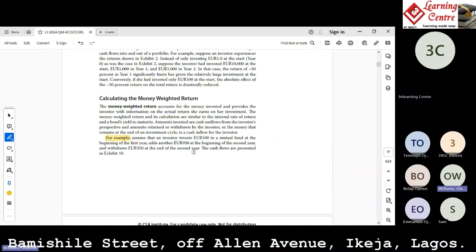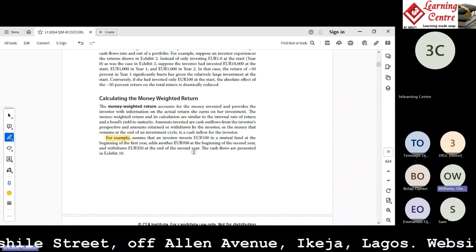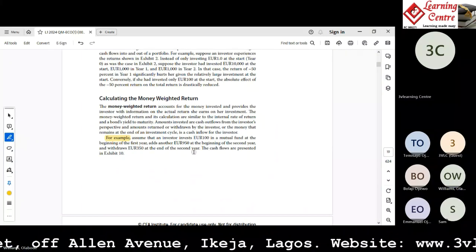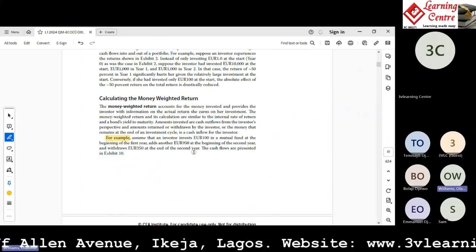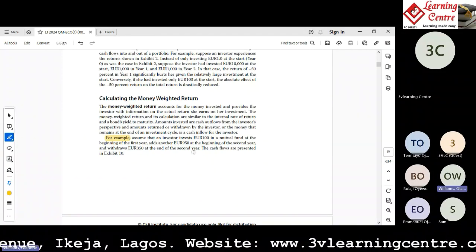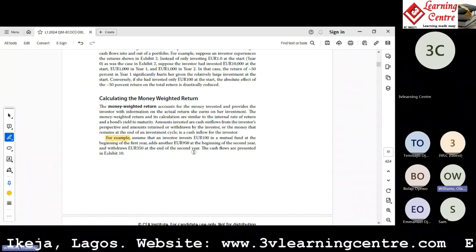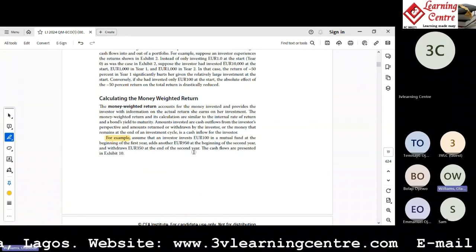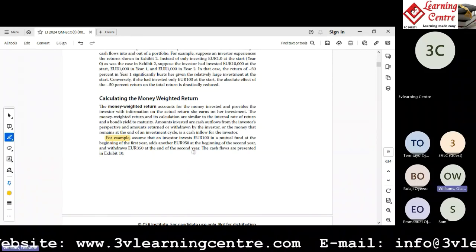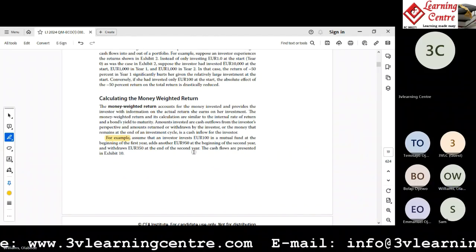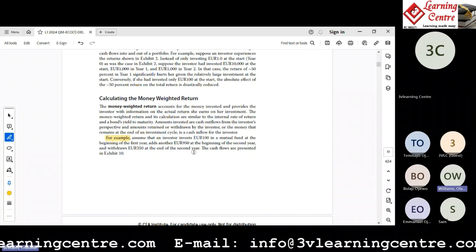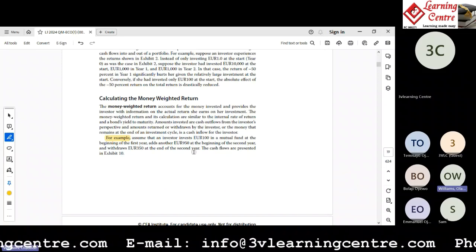If you give me money on January 1st, the rule is you treat it as I received it on 31st December. So in that way, I will treat it as 2023. If you give me money on January 1st, I will treat it as received in 2023. I will not treat it as receiving it in 2024.